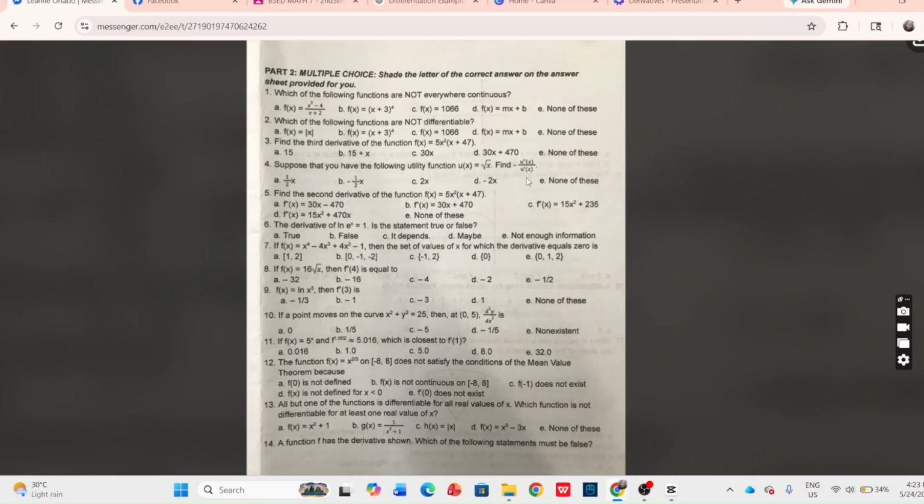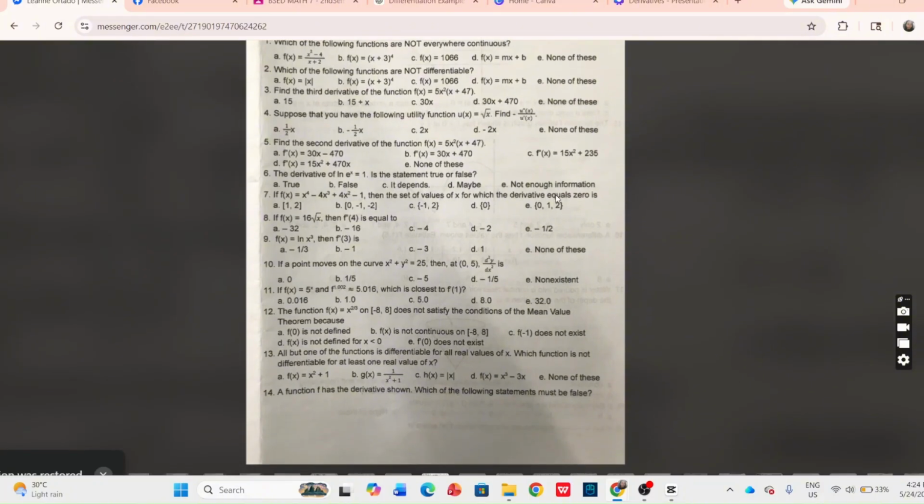Since we have obtained the double prime, we will now divide the second derivative by its first derivative. So negative 1/4 x to the power of negative 3/2 divided by 1/2 x to the power of negative 1/2. By computing them all together, it gives us 1 all over 2x. From the choices, we cannot find 1 all over 2x here. Therefore, our answer for number 4 is letter E, none of these.